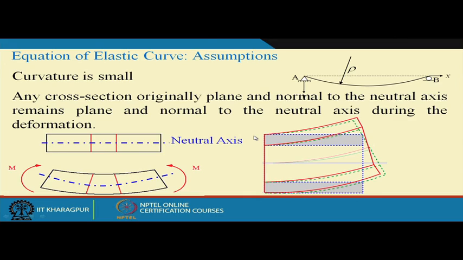That design criteria is very consistent with this assumption, because at the time of design we impose the restriction that deflection should not be very large. Therefore, in those cases these assumptions are applicable. But remember, beam doesn't belong only to civil engineering.